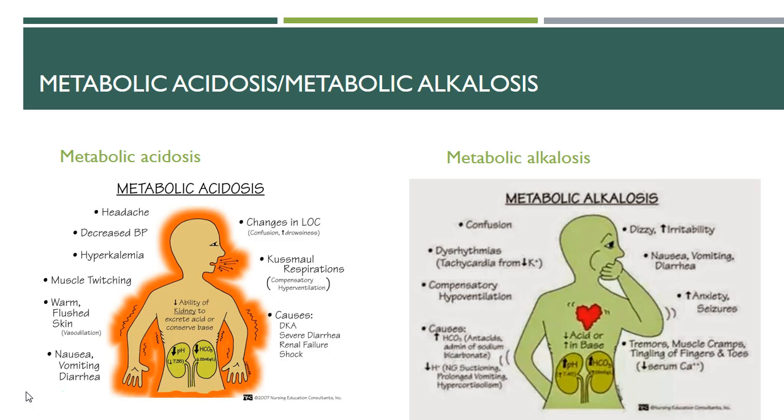A normal anion gap metabolic acidosis is caused by a direct loss of bicarbonate, and we lose our bicarbonate in our stool. So if a patient has severe diarrhea, their bicarbonate hasn't had the time to reabsorb in the lower intestinal tract. Your patient could have a lower intestinal fistula, a ureterostomy.